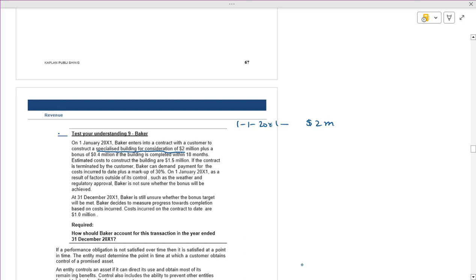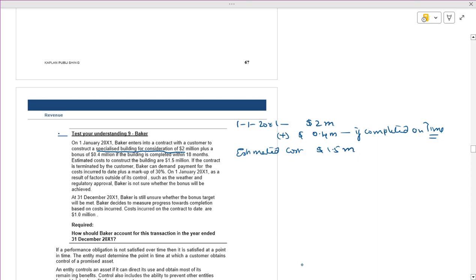Plus a bonus of 0.4 million, but there is a condition: if completed on time. The estimated cost is 1.5 million.